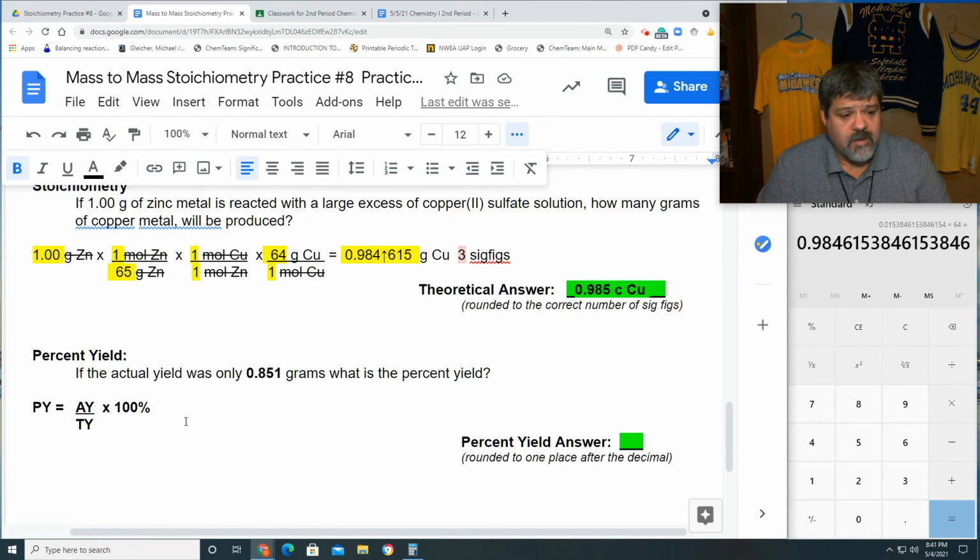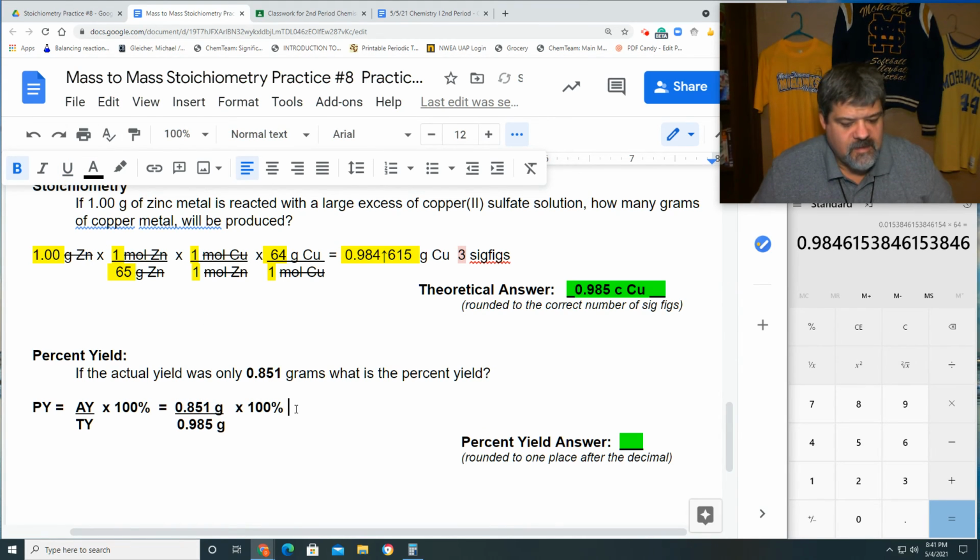Now we just plug in the actual yield and the theoretical yield. So that's going to equal our actual yield, which is 0.851 grams. Okay. And then our theoretical yield was 0.985 grams. Okay, and then we're going to multiply that by 100, and that's going to be a percent. And we'll underline this.